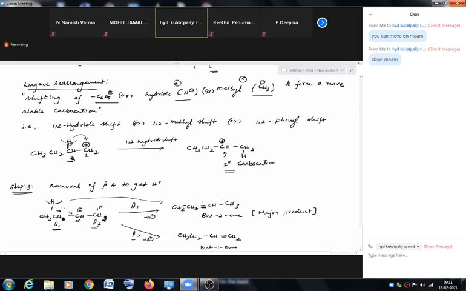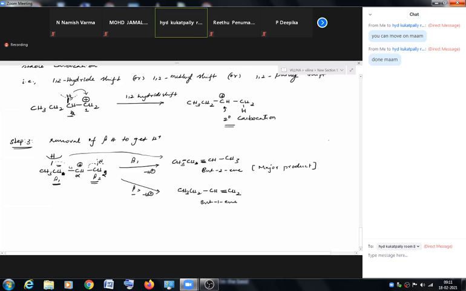Now this will also be removed as H plus, and this pair of electrons can be shifted over here for the pi bond formation between carbon 1 and carbon 2. So two possibilities to get butenes, but-1-ene and but-2-ene, which is the major product. But-2-ene is the major product. We are just removing the H plus, and the electron pair between the alpha carbon and beta carbon will form a new pi bond, resulting in an alkene. All right.